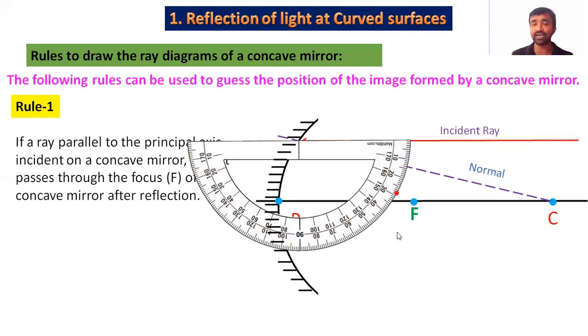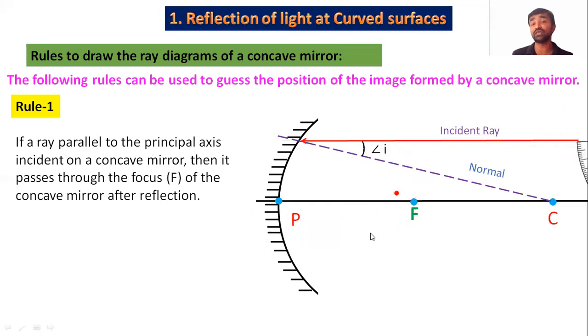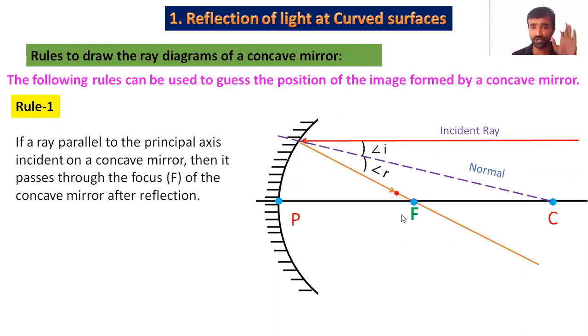At 28, I used a red color pointer. Then remove your protractor, and join the point of incidence and this red spot using the scale to trace the reflected light ray, reflecting back with the same angle as the angle of incidence. Is it clear, everyone, how I drew it?